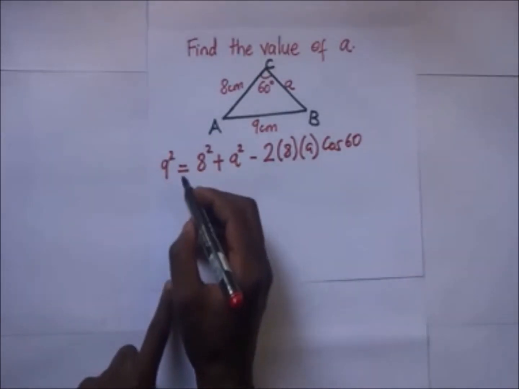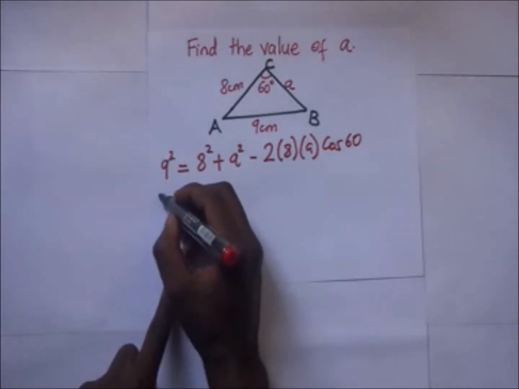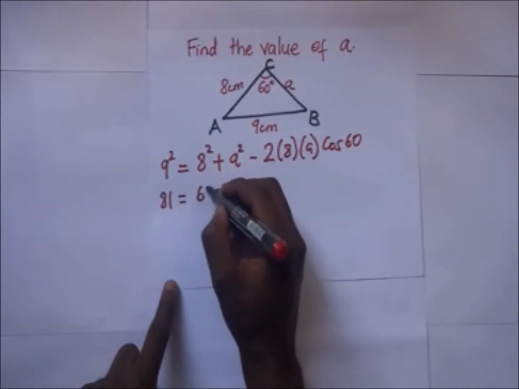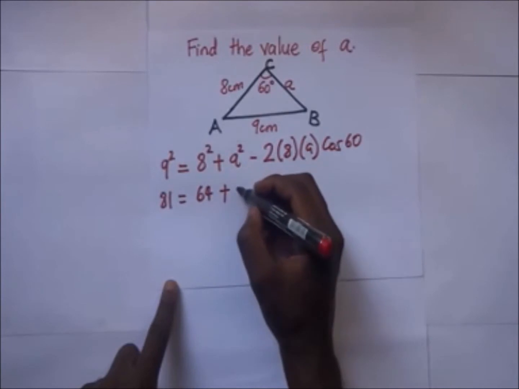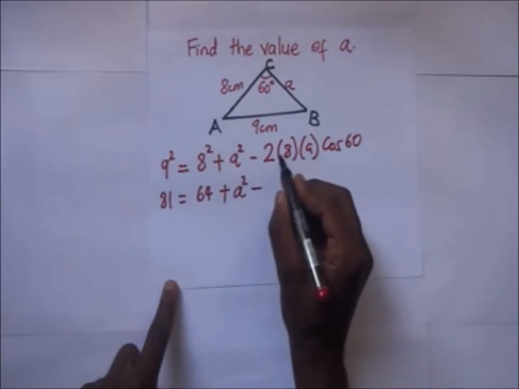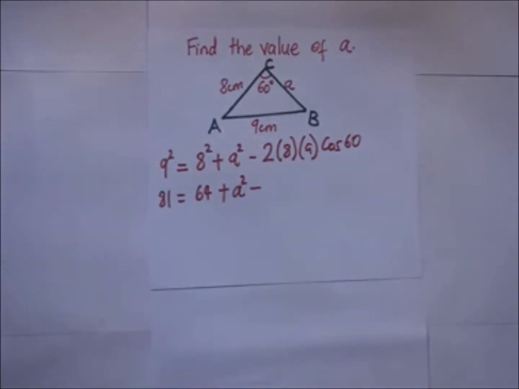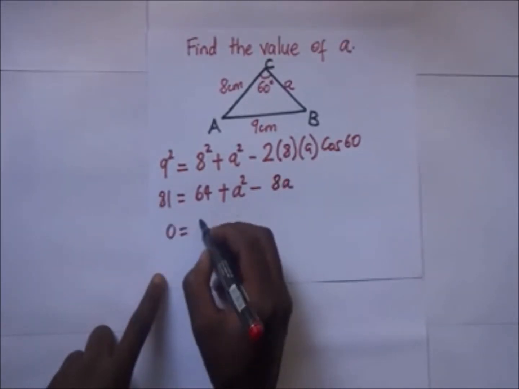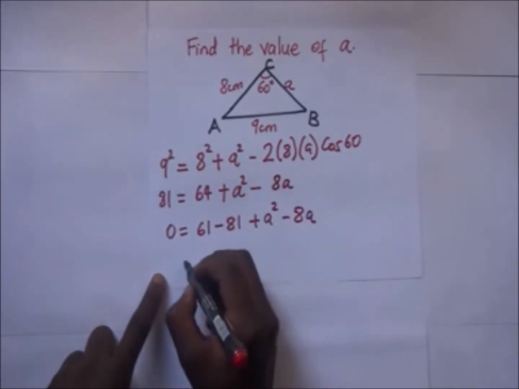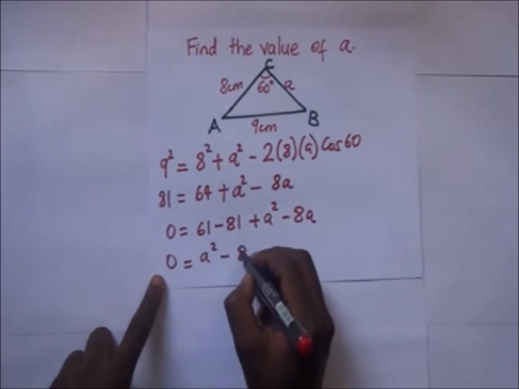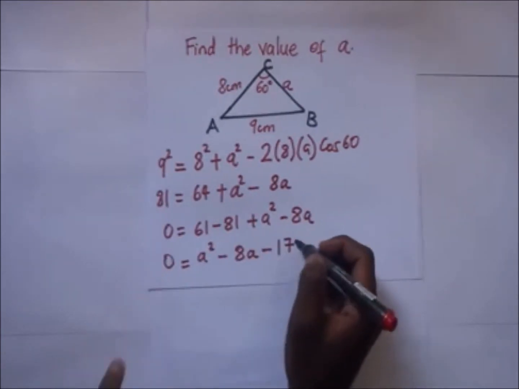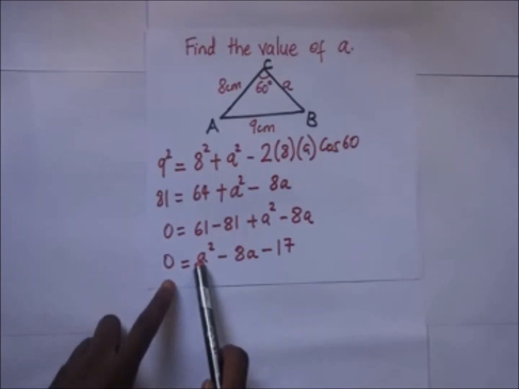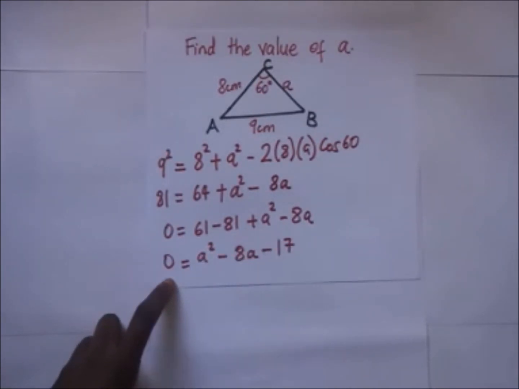So 9 squared here we know is 81, which is equal to 64 plus a squared minus 2. So we shall form a quadratic equation: a squared minus 8a minus 17.